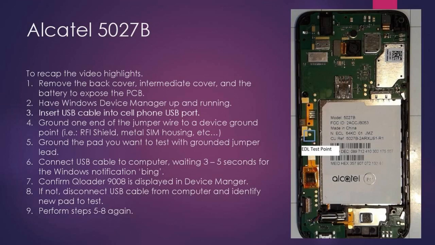Now connect the USB cable into your computer, waiting 3 to 5 seconds for the Windows notification bing, and confirm you have the QLoader 9008 displayed in Device Manager. If that doesn't work, disconnect the USB from your computer, ground a new point, and try again. You just do that until you hear the Windows notification.